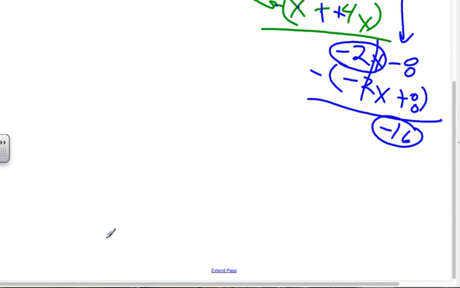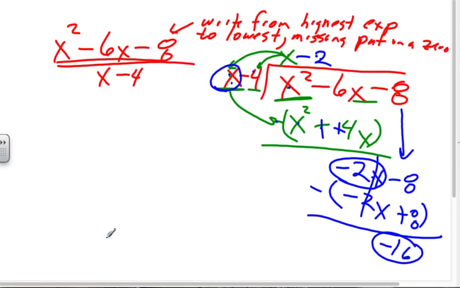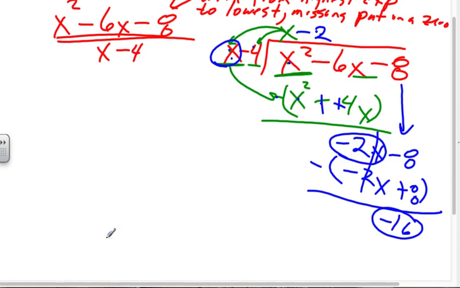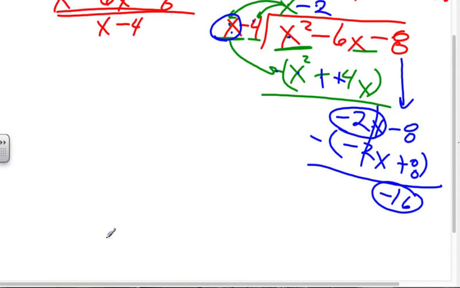So what we do now is we come back in and look at this. That's my remainder. So just like before, the stuff I had on top, I'm going to have x minus 2.